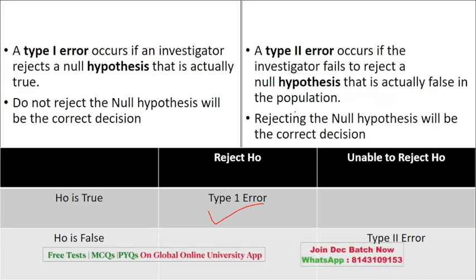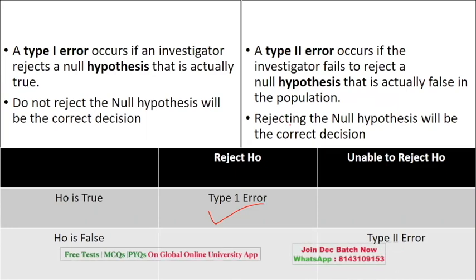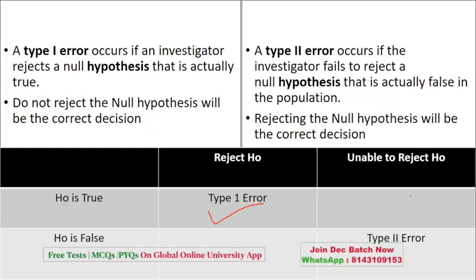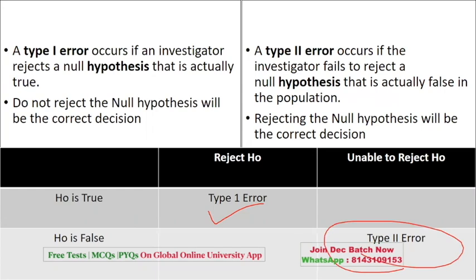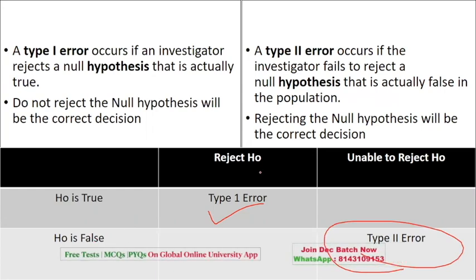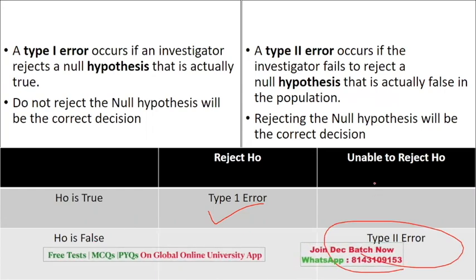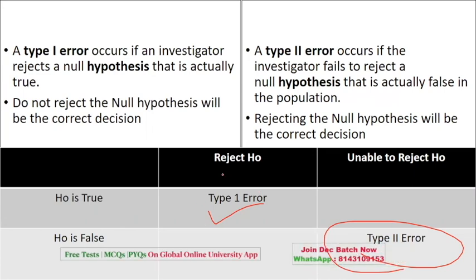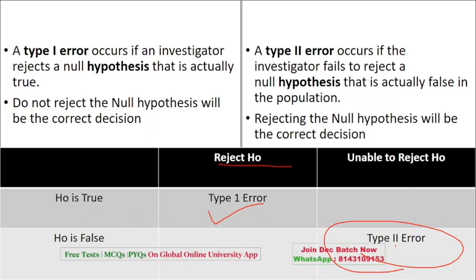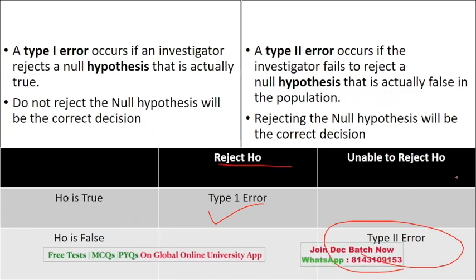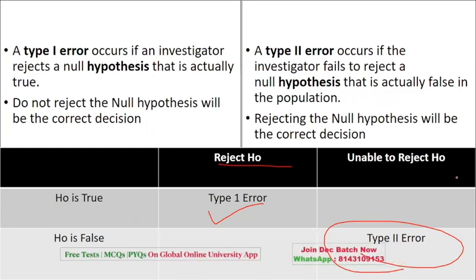I mean to say, he was supposed to reject it, but he didn't, and he's unable to reject the hypothesis. So type 2 error is where you are supposed to reject it but you have accepted it. So type 1 error is rejecting your null hypothesis, and type 2 error is being unable to reject your null hypothesis. That's how it is framed.